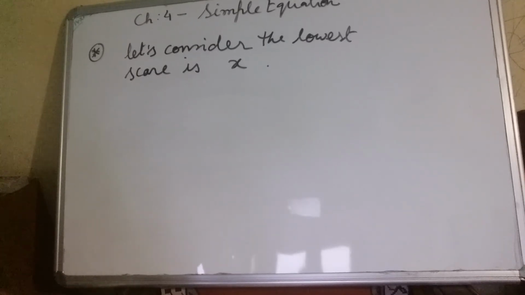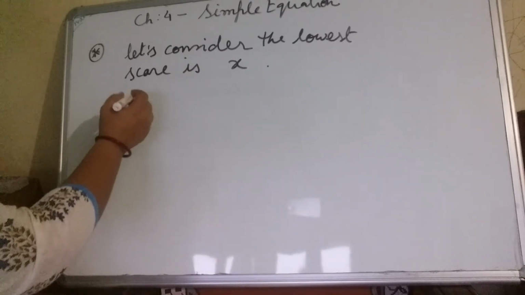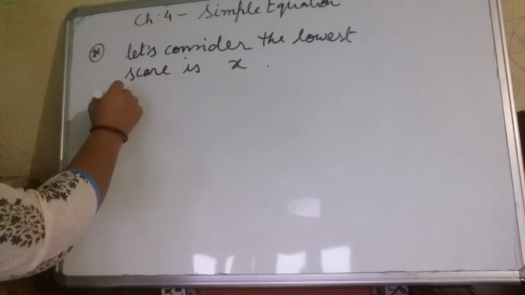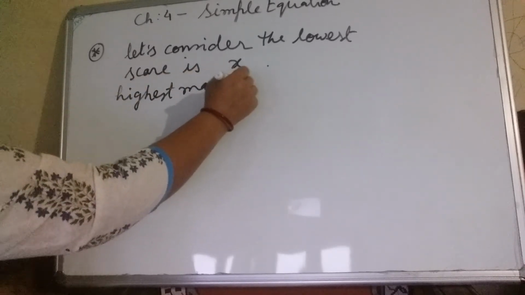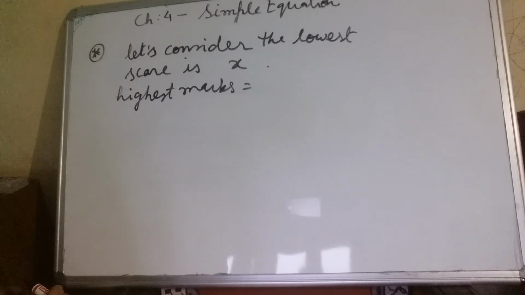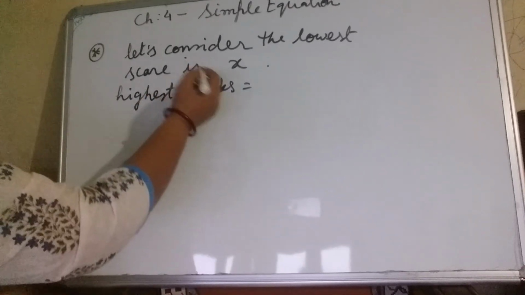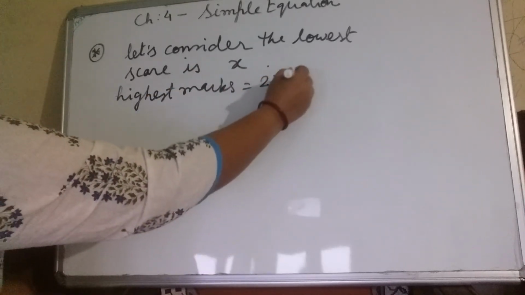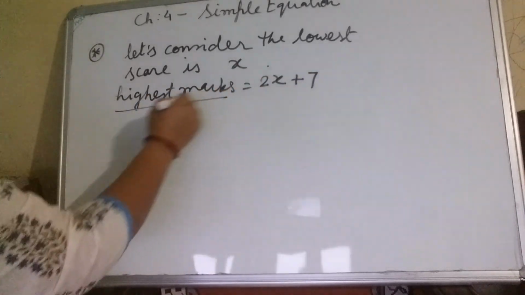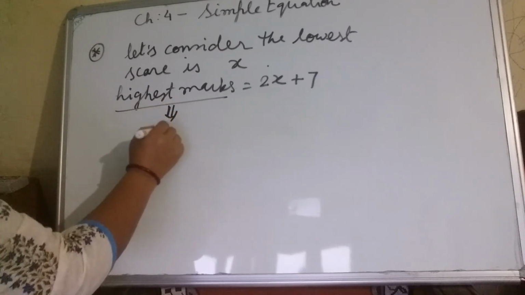The highest marks obtained by a student in her class is twice the lowest marks plus 7. So highest marks equals twice the lowest marks. Twice the lowest marks means 2x plus 7, and the highest marks is also given, that is 87.